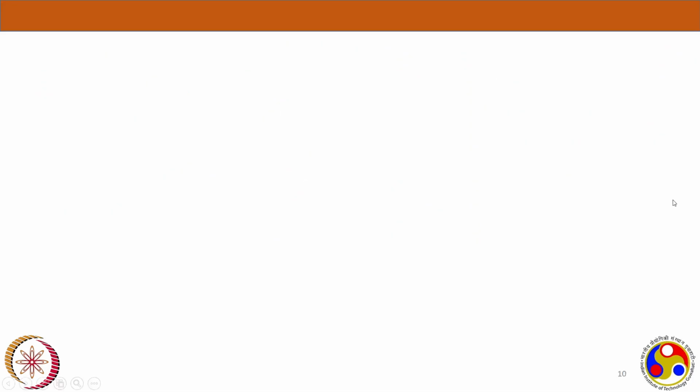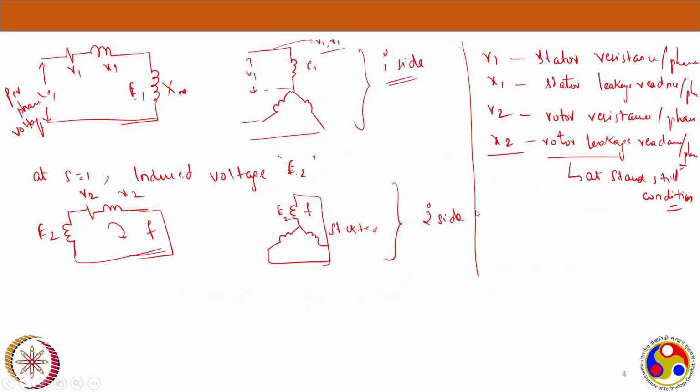Right. Now, my motor is rotating. S is not equal to 1 anymore, then FR is equal to SF, and my reactance is dependent on the frequency, because X equals omega L, right? Omega equals 2 pi F. So it's a frequency dependent term.